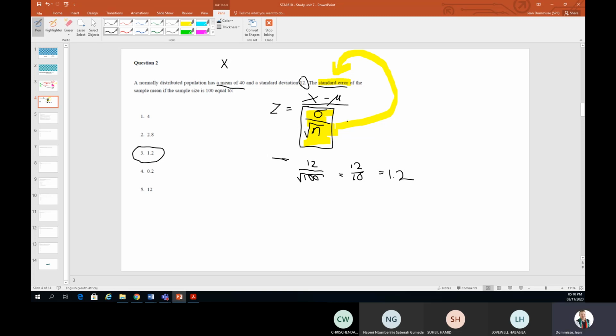Sometimes they give you all the information and one is so used to working out the z that one misreads what they are asking. So I think it is very important that for the standard error, we're just looking at that bottom part of the formula.